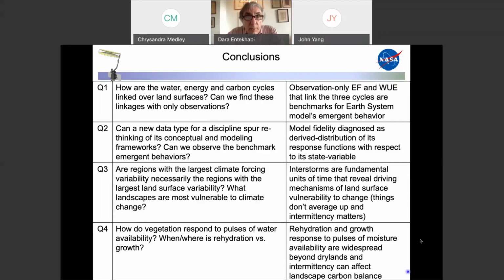And with SMAP, that is alleviated quite a bit. We actually use both AM and PM to have our revisit times, essentially. The drainage regime can last less than a day to a day and a half. And the transition between the water limited and energy limited can happen in a matter of a few days too.